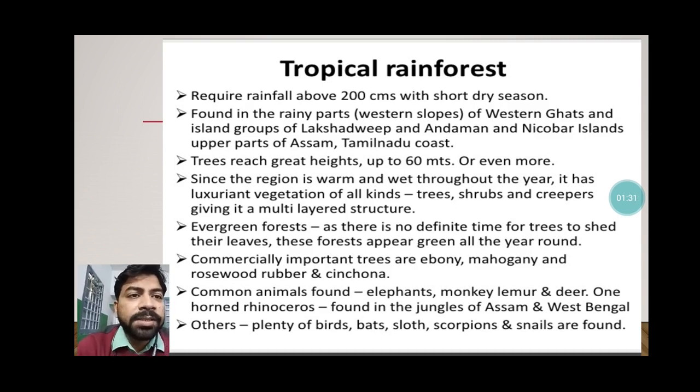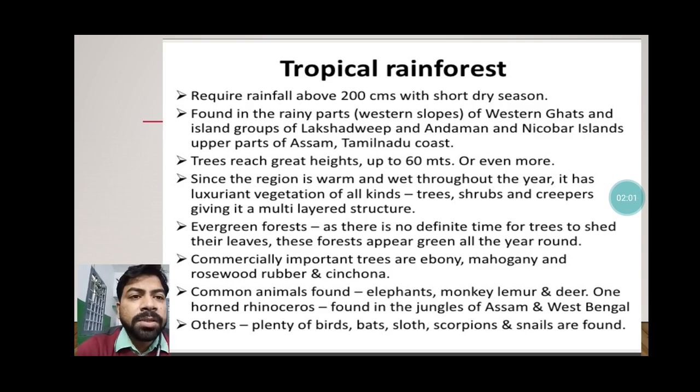So tropical forests are those forests. Why is it written as rainforest or evergreen forest? Because it remains green throughout the year. The reason behind its greenery is not that it does not shed leaves, but that it has different levels of trees, different types of trees, so they shed their leaves at different times and it remains green throughout the year.